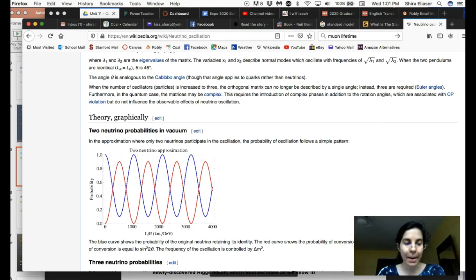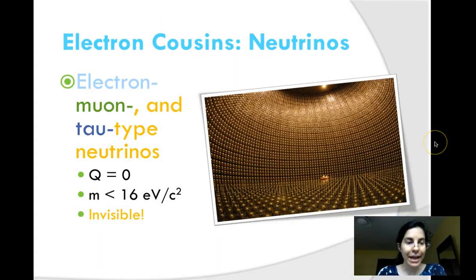I'm going to say that again. Mass is found in the denominator. That means that the mass of the neutrino cannot be 0. You can't divide by 0 and get a real number. Since neutrinos really do oscillate, it means the mass cannot be 0.